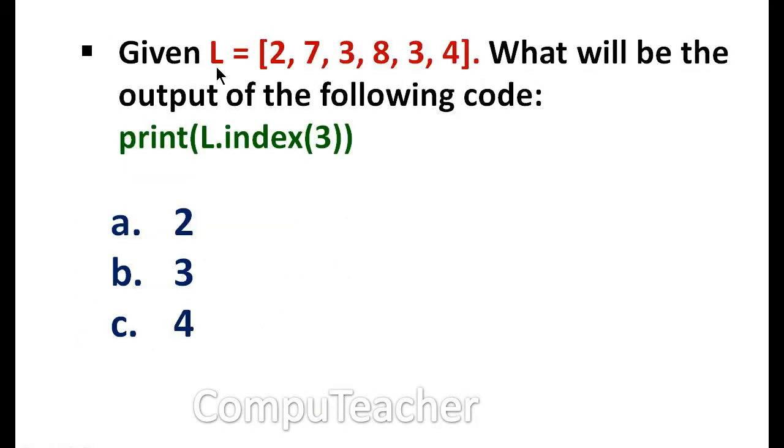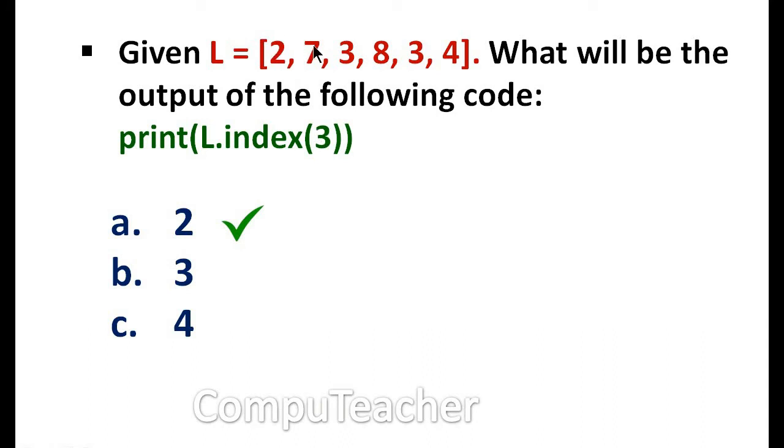Next one. Given L equal to [2, 7, 3, 8, 3, 4], what will be the output of the following code? Print L dot index(3). What is the use of index function? It will return the index of the first occurrence of the value given as the argument. Here the argument is 3. So where is 3?